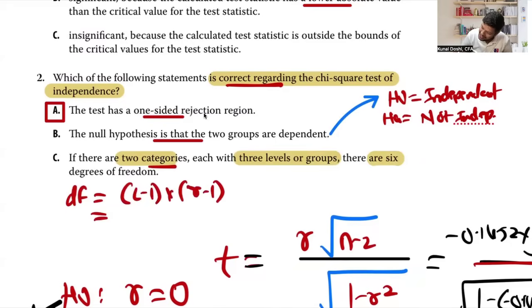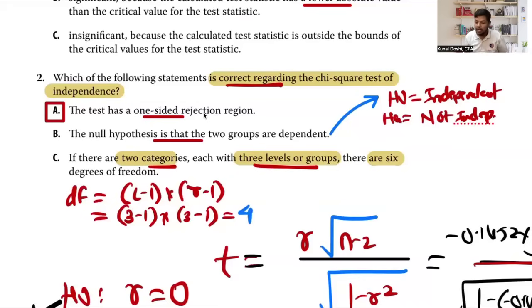So here two categories, rows and columns, with three levels each: 3 minus 1 times 3 minus 1, so 2 times 2, which is 4. My degrees of freedom has to be 4 and not 6. So C is also wrong.